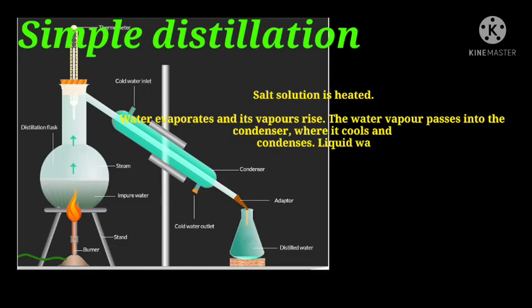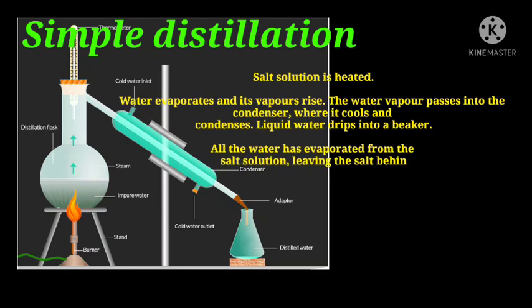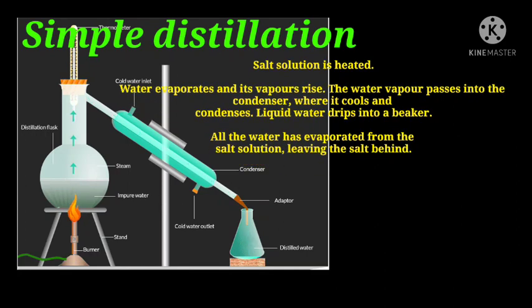Then how can you separate the salt from water? By simple distillation. The salt solution is heated in this kind of setup, where water evaporates and vapor rises upward, and then the vapor is allowed to condense and after condensing it changes into water droplets, and those water droplets will be collected into the conical flask, and you will get in the round flat bottom flask the clear salt.